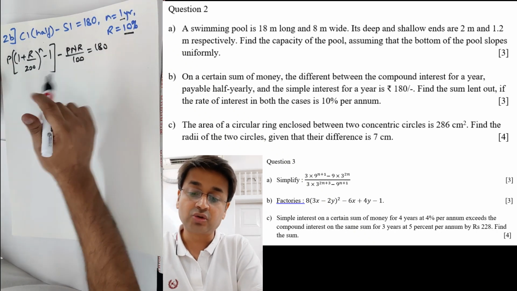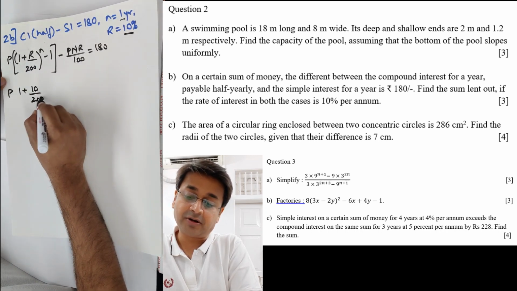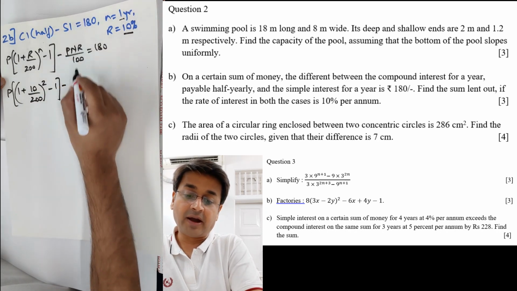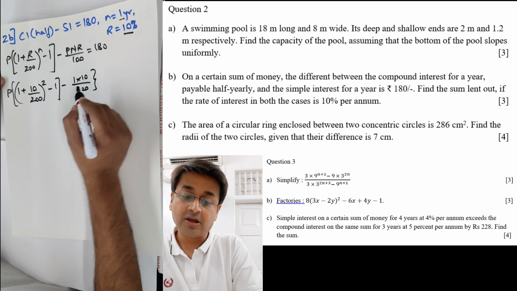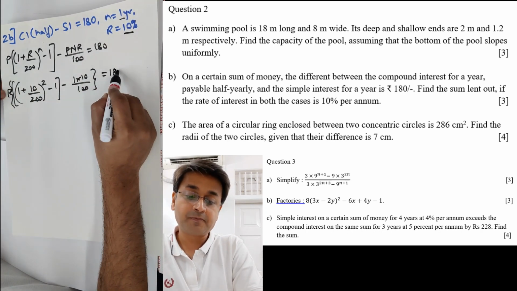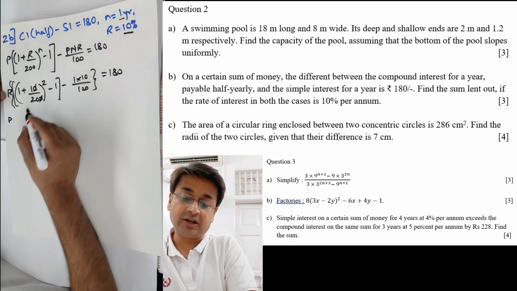I am pulling out this P common. So I will get 1 plus rate, which is 10 by 200, raised to 2 because it is half yearly. Remember that. Minus this N, which is 1 year, and rate is 10 by 100. The whole big brackets to show that this P is being pulled out from both is equal to 180. So 0 goes away. 20 plus 1, 21 square.